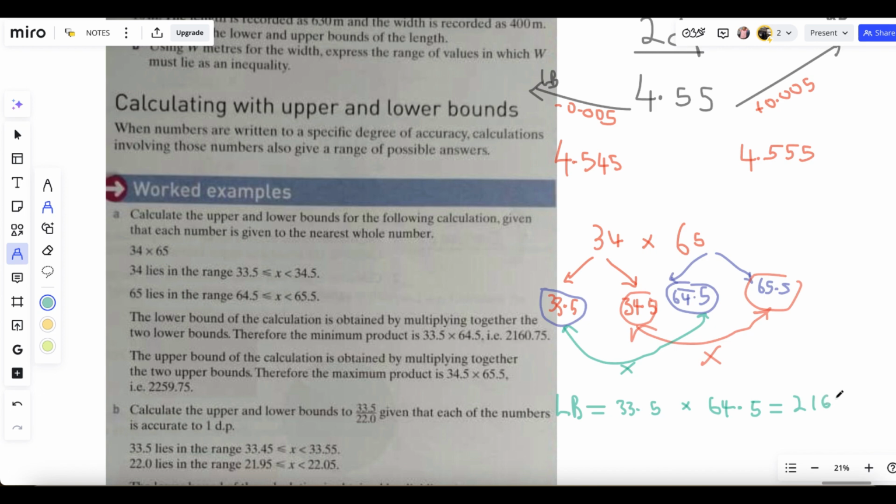Okay, this will be the lower bound of the calculation.